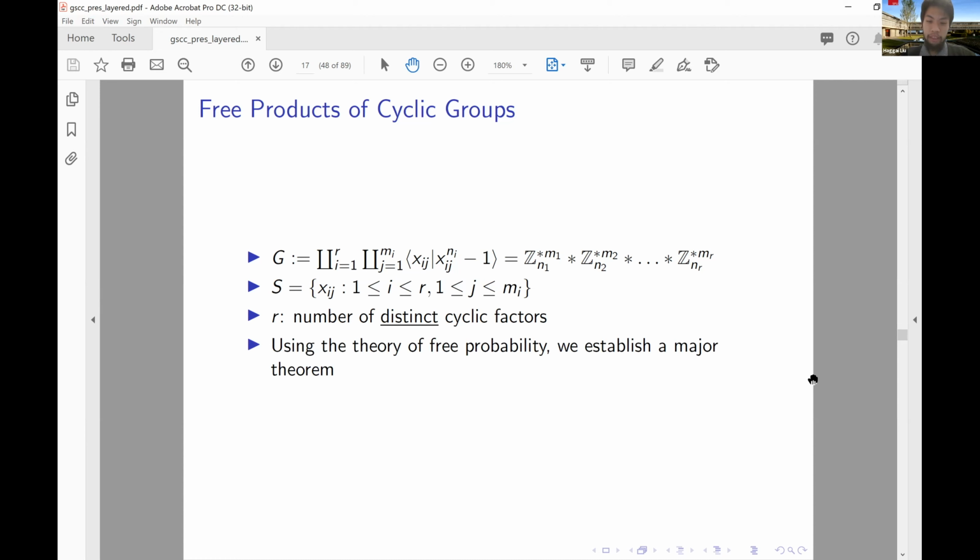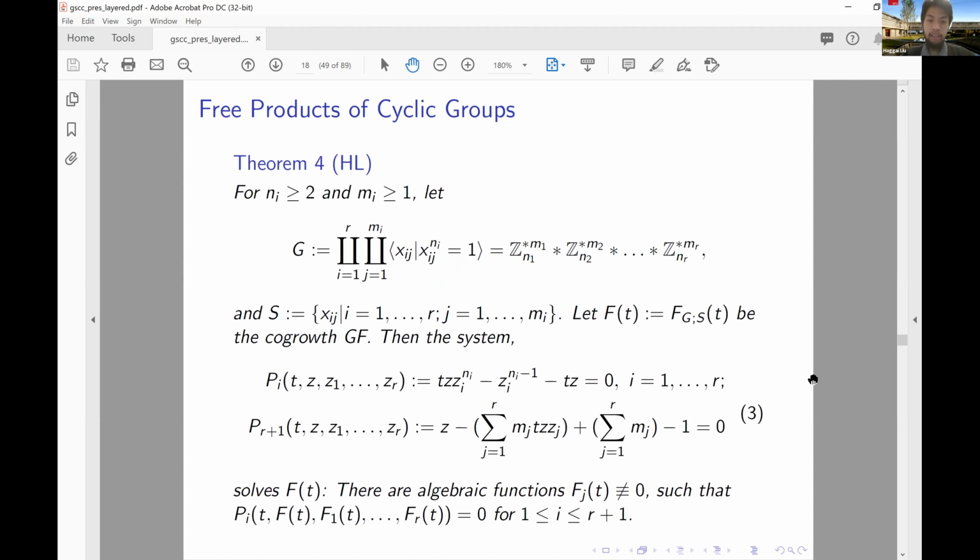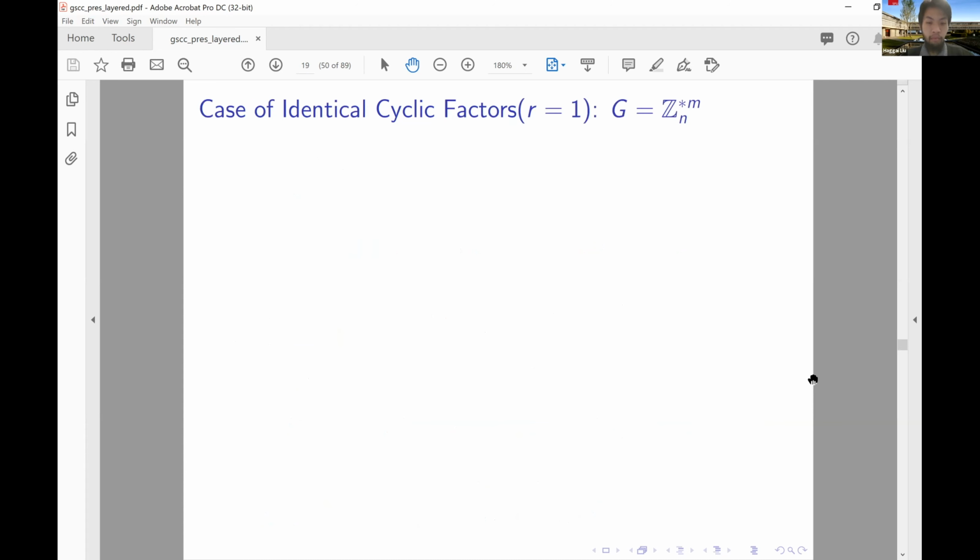We get this major theorem that's coming up now. If I have G and S as I just described, then we simply need to solve a system of R+1 equations, eliminating the extra variables Z1 to Zr, to get a polynomial with respect to T and Z. And that gives us a satisfying polynomial in this case.